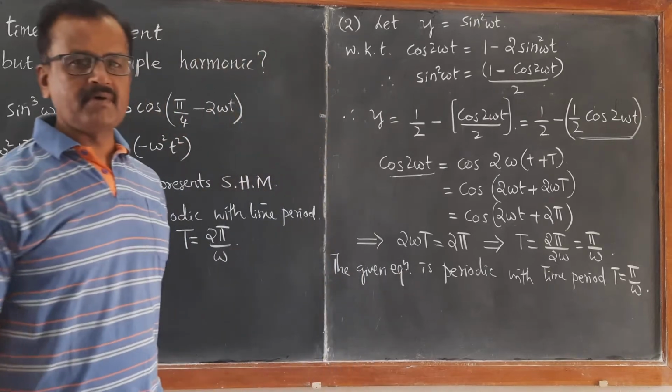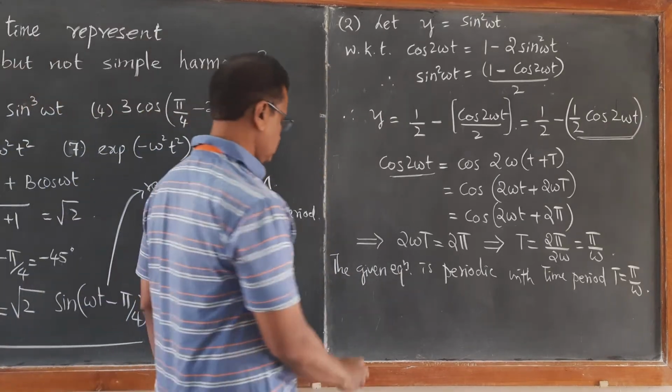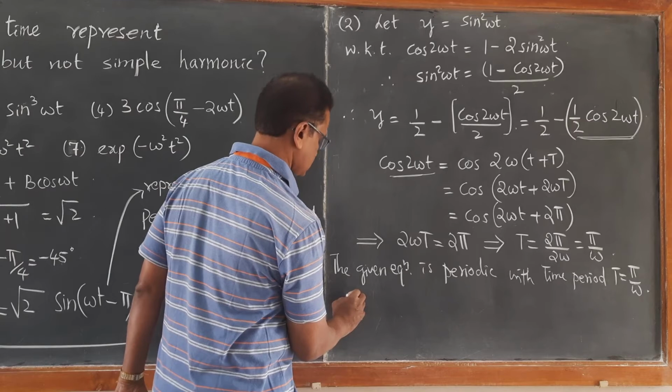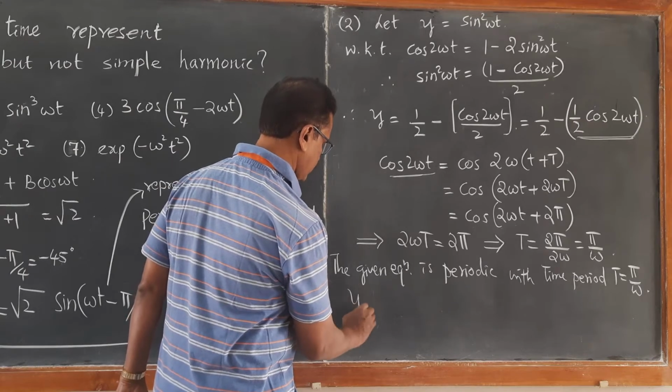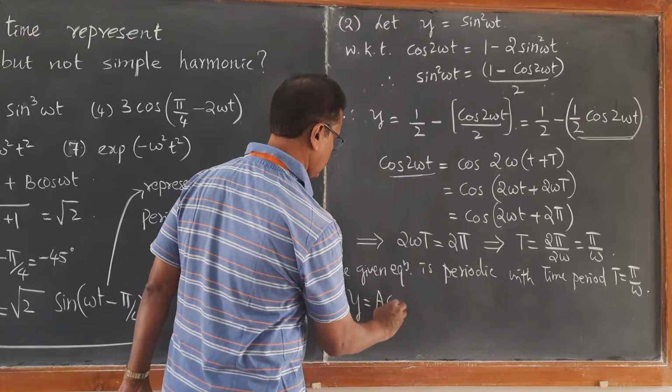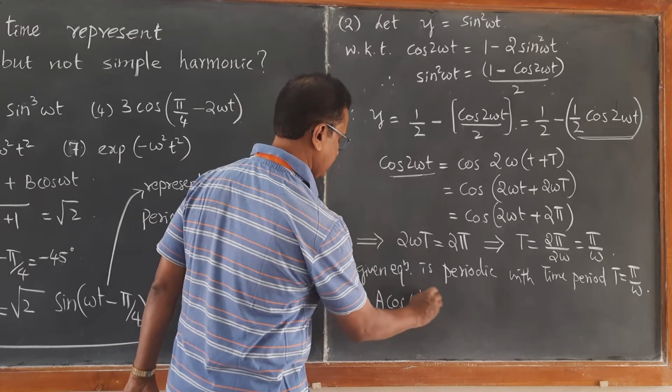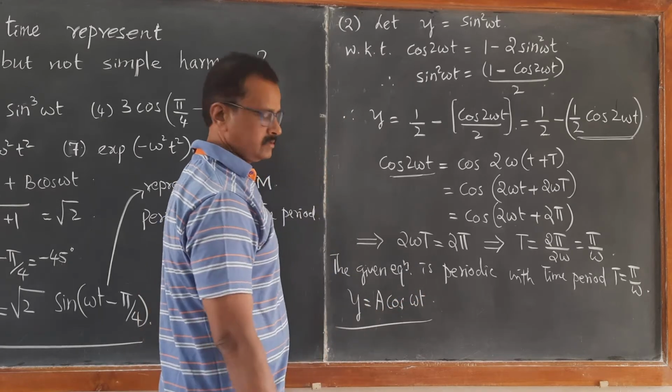This is of the standard form, if you recall. Since it is of the standard form, y is equal to a cos (omega t plus phi).